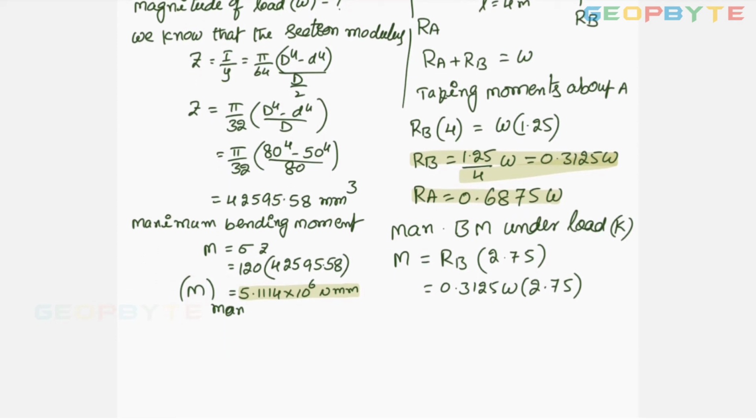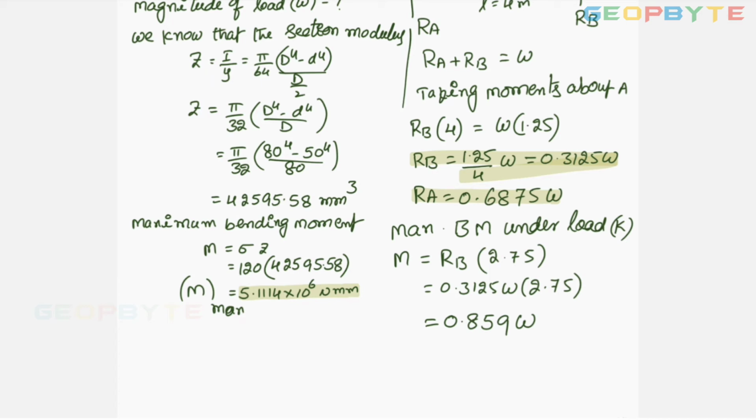It's not a problem. That is the maximum bending moment. Let me simplify 2.75 into 0.3125 times the W. It is equal to 0.859 times the W.